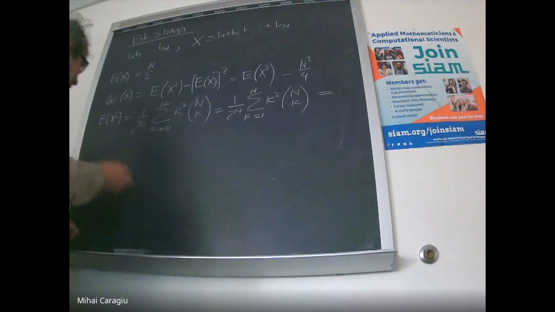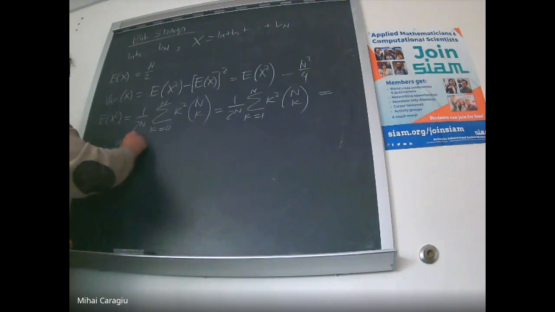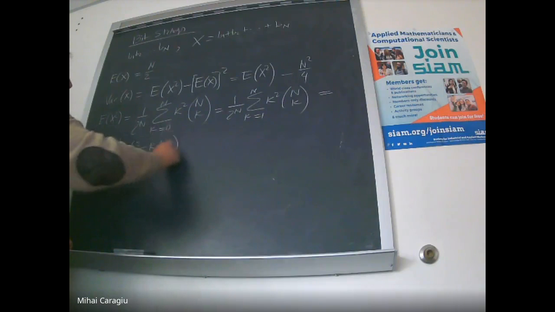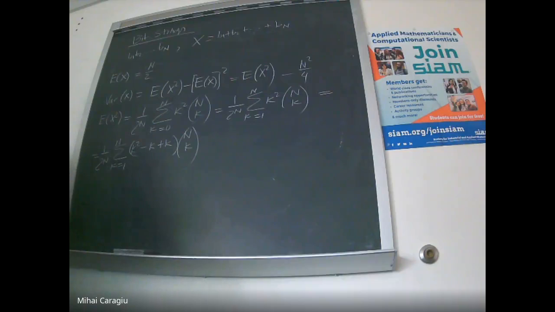So what we do, in other words, is 1 over 2 to the power n times summation from k equals 1 up to n of k squared minus k plus k, times n choose k, and split the sum into two sums, first by considering this k squared minus k, and second by considering only this k.